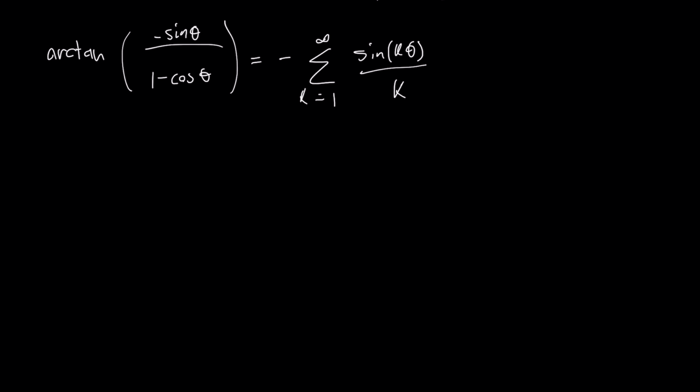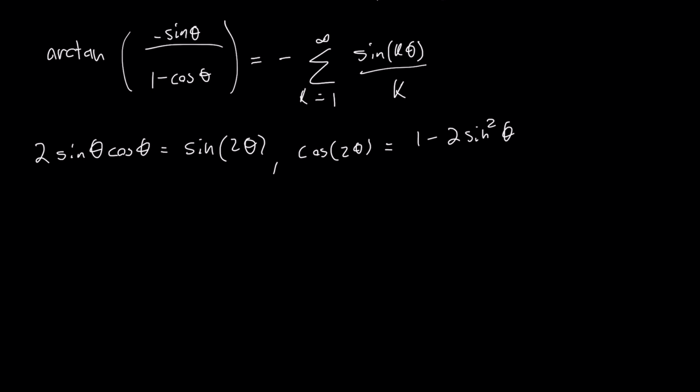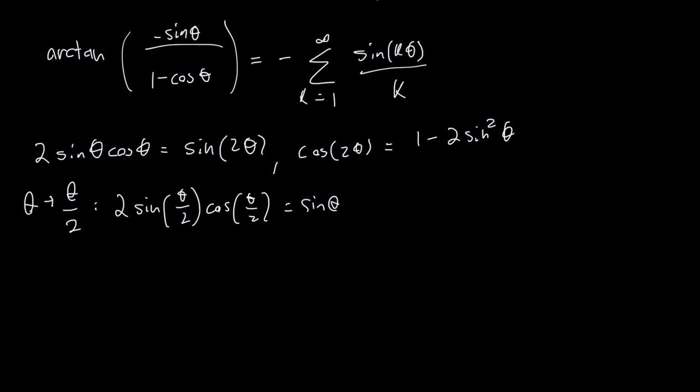And from here we will utilize some trig identities. We know that 2 sine theta cosine theta is the same thing as sine of 2 theta. And we also know that the cosine of 2 theta is 1 minus 2 times sine squared theta. So now, letting theta go to theta over 2, we have twice sine theta over 2 cosine theta over 2 is the sine of theta.